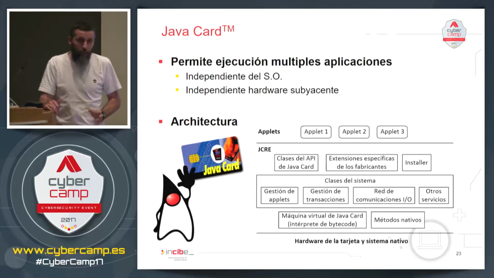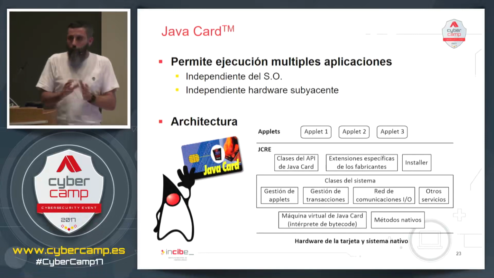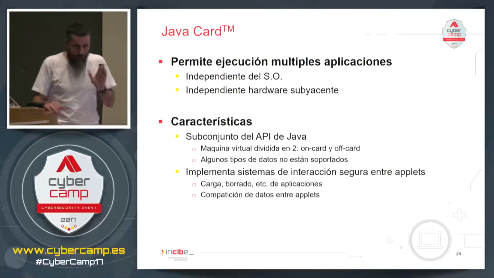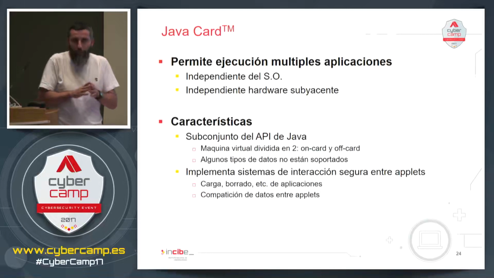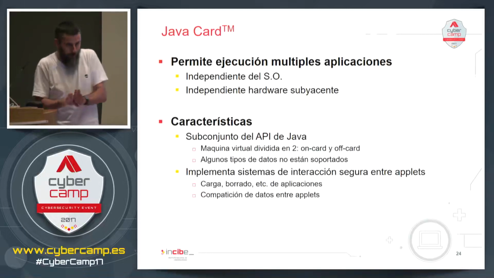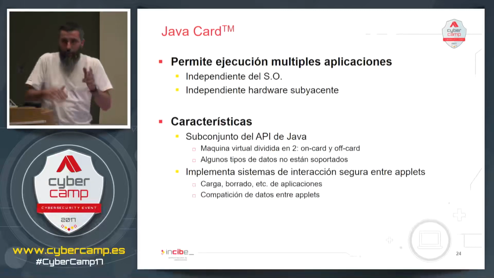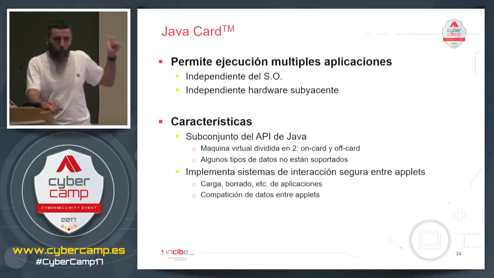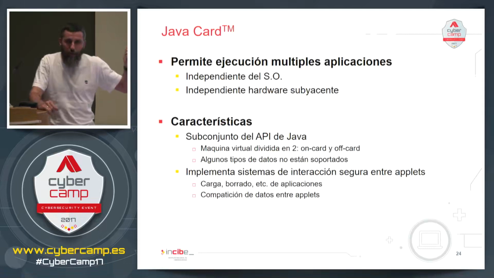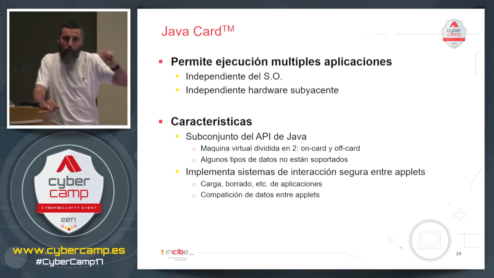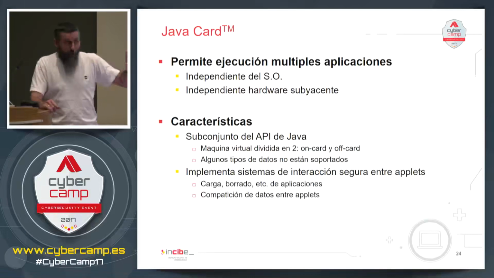We will upload the applications in the card. The card in itself has nothing to do with that. It has no display. The whole set of utilities of Java Card is a set of functionalities offered by Java.